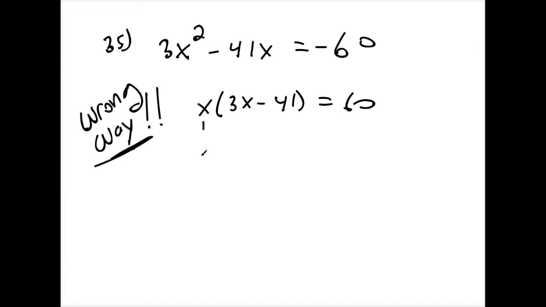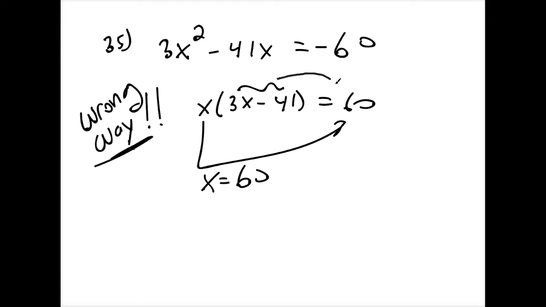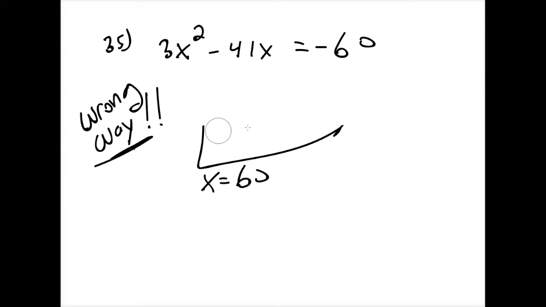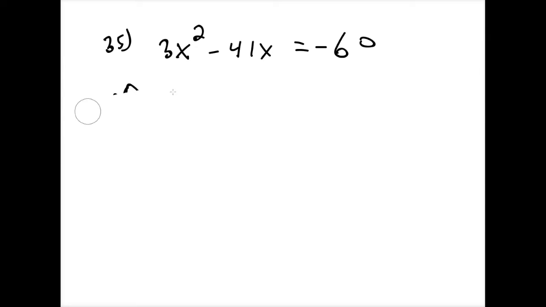And then you say, x equals 60, but I'm an idiot. And then over here, 3x minus 41 equals 60. I'm also an idiot. So that's wrong. You don't want to do that. Do not ever become a tutor and accidentally do that in front of a student and become really embarrassed.